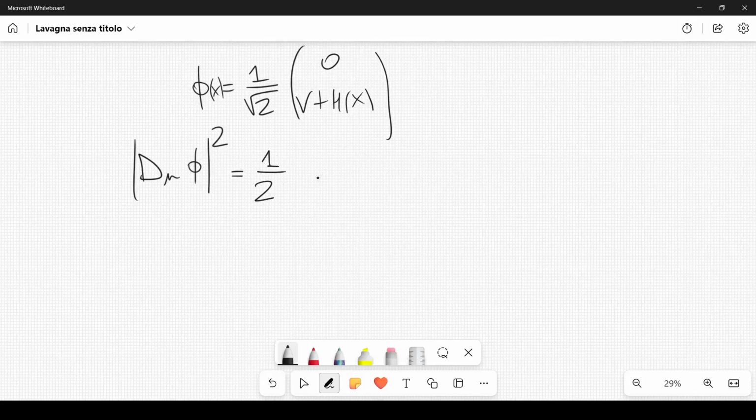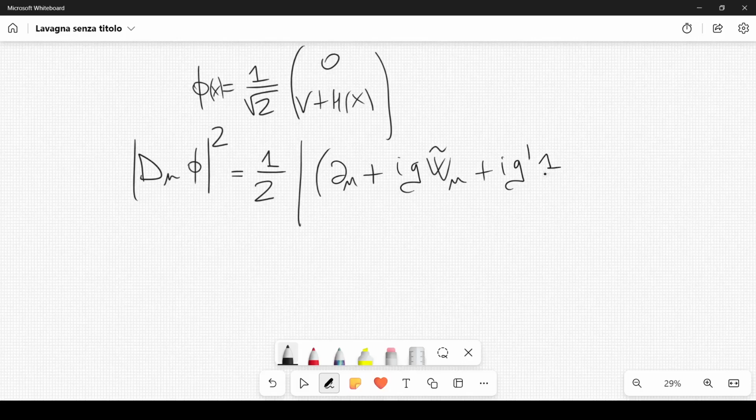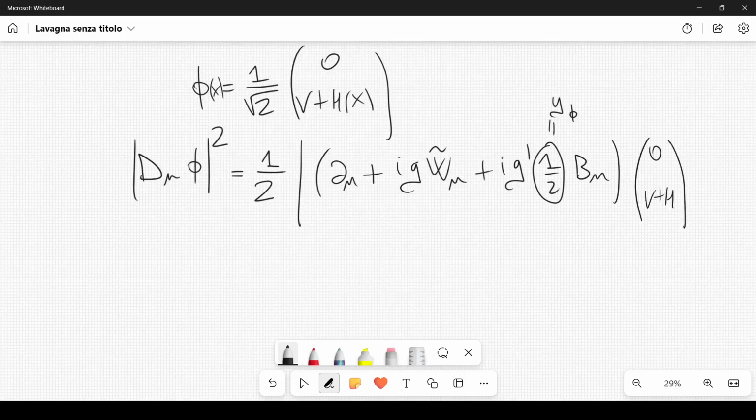So here, if we calculate this, we have 1/2, then we have the modulus of d mu plus i g W tilde mu plus i g prime times 1/2, and this 1/2 comes from Y_phi, b mu, and then here we have 0, v plus h, modulus squared.